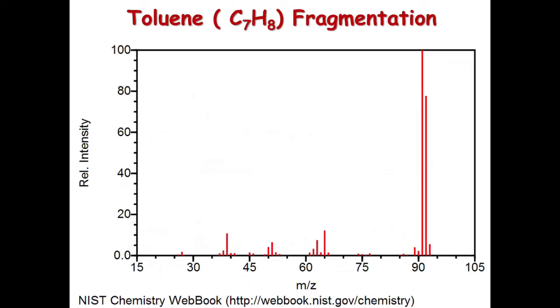Now, toluene here, C7H8, has a couple of different structures that we have to look at. So when we look at this, we can see the peak at 92, how toluene looks, and the hexagon shape with the CH3, that's the shape of toluene. And then the one at 91, a hydrogen has been removed in the process.